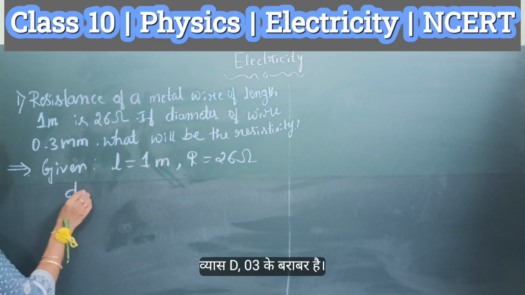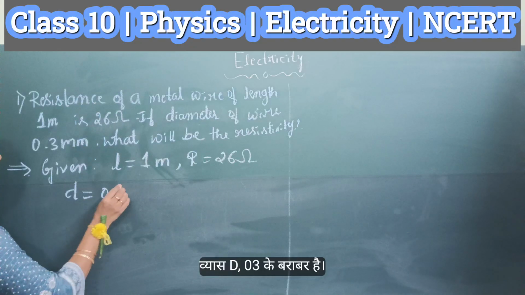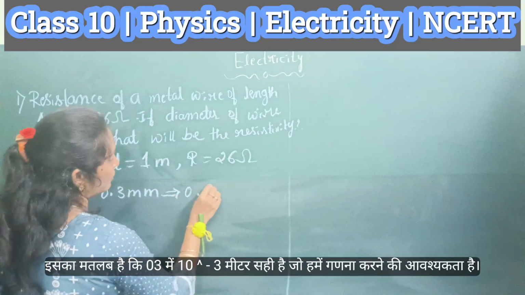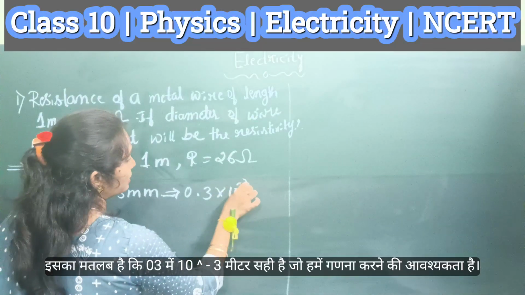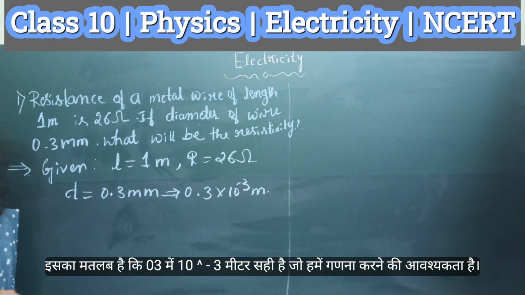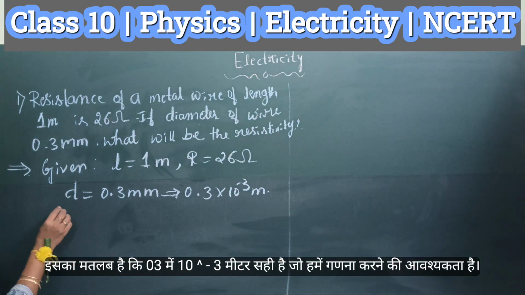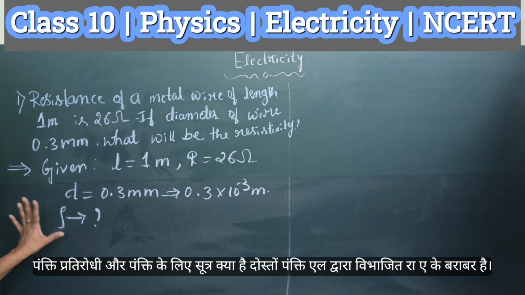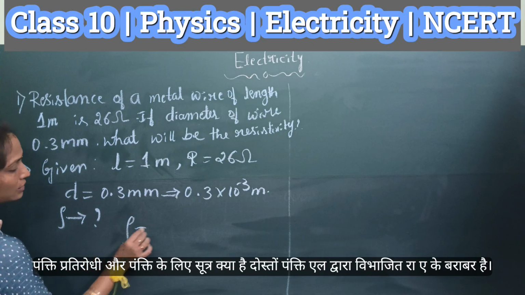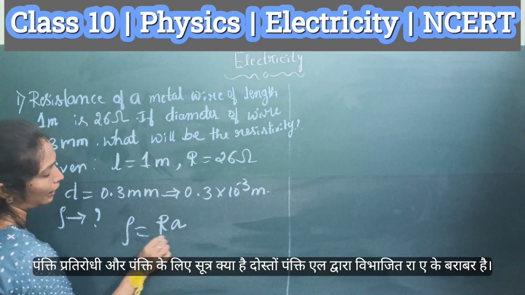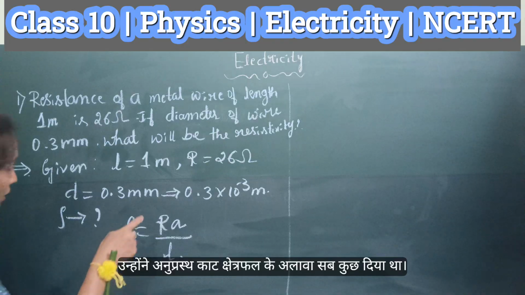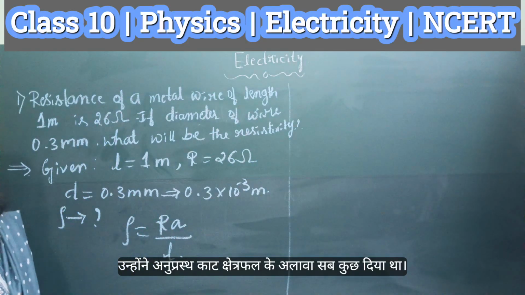The diameter D is equal to 0.3 millimeter. It implies 0.3 into 10 to the power of minus 3 meter. What we need to calculate is rho, resistivity. And what is the formula for rho, guys? Rho is equal to RA divided by L. They had given everything, but area of cross section they had not given.